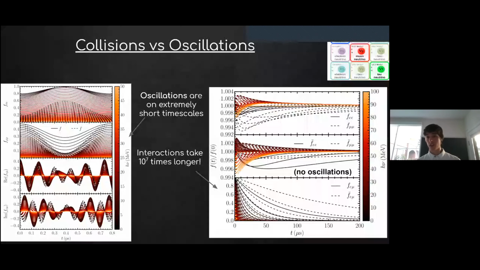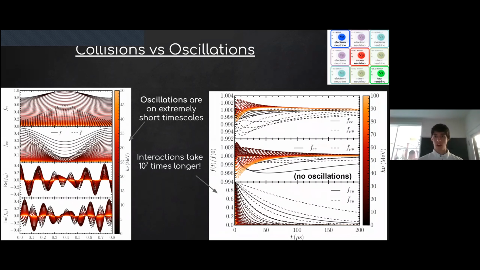If you don't have oscillations, there's some time scale over which the collisions re-equilibrate this to sap off those off-diagonal elements and return it to a pure electron and muon flavor state. That happens over hundreds of microseconds in this case. The problem is that the oscillations occur on a matter of picoseconds, or a fraction of a picosecond. So the oscillations are much, much faster, which means they're numerically difficult to treat.